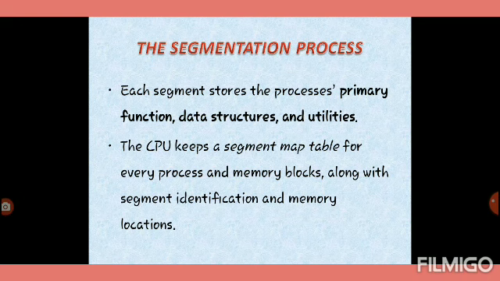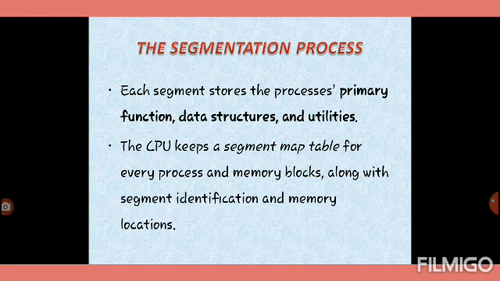In the segmentation process, each segment stores the corresponding process, primary function, data structures and utilities. One thing you have to keep in your mind: the processes are something that is there inside segments. One segment will be having more than one process. You have to understand this point.